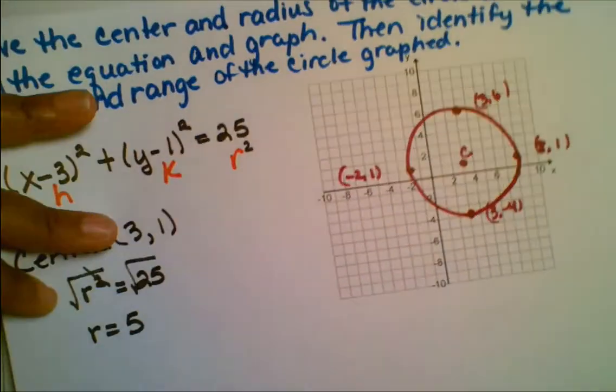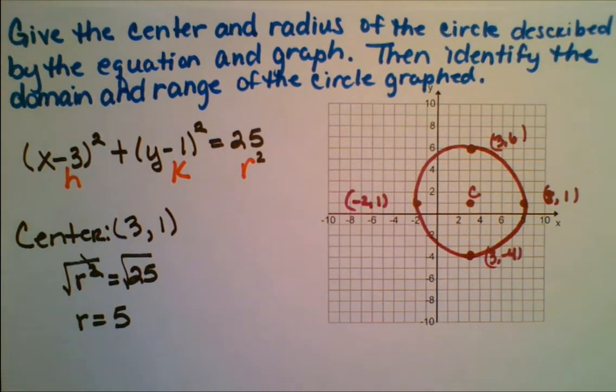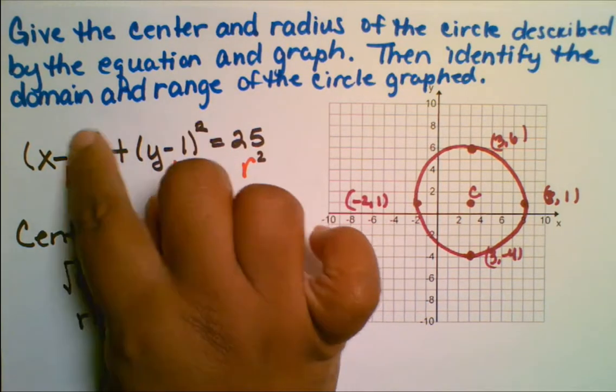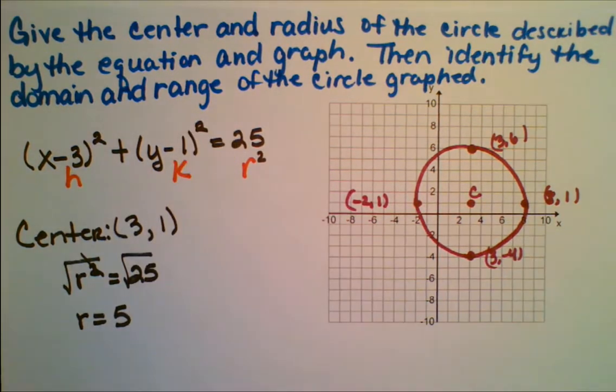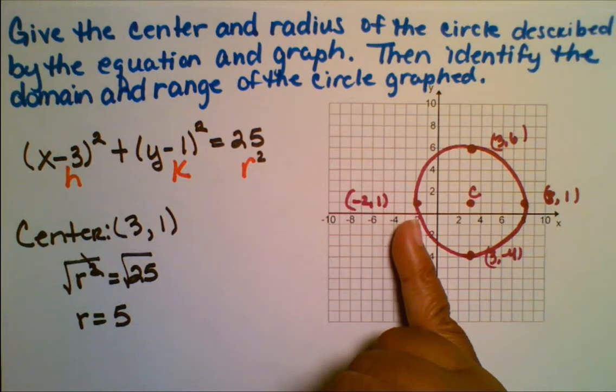All right, so here we have our circle. And we have all the information that we need to identify the domain and range. Now at this point, finding the domain and range is not new, because remember, we're looking along the graph, where does the circle start?